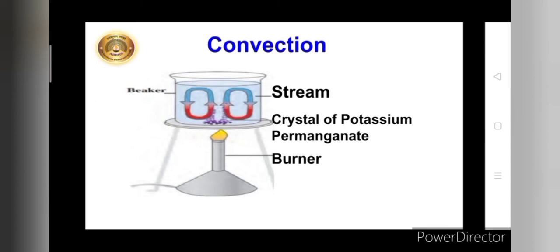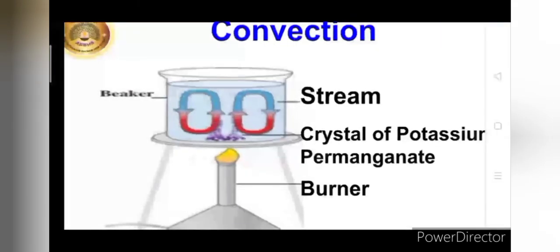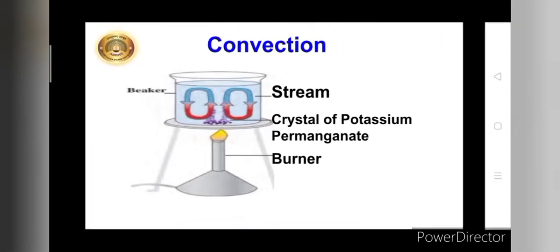These purple colored streams show the convection currents taking place in the water of the beaker, which transfers heat from the bottom to the top of the beaker. So, we saw the formation of convection currents in a liquid and transfer of heat by the method of convection.